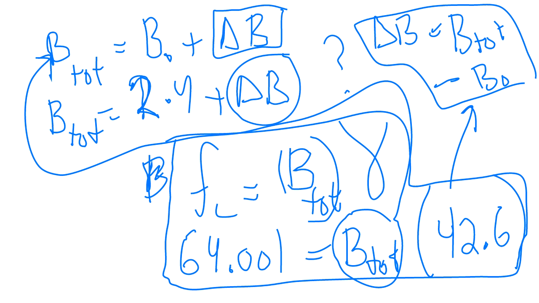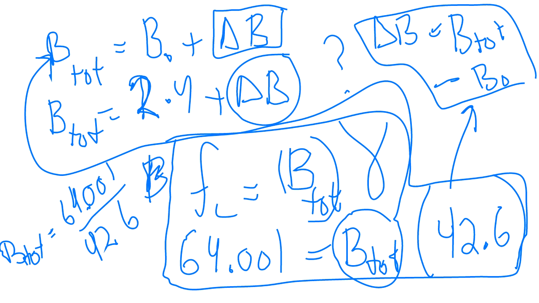So here B total is equal to 64.001 divided by 42.6. Then I substitute for that, and that's it. That's the answer to all of your questions. I believe that was the last one.